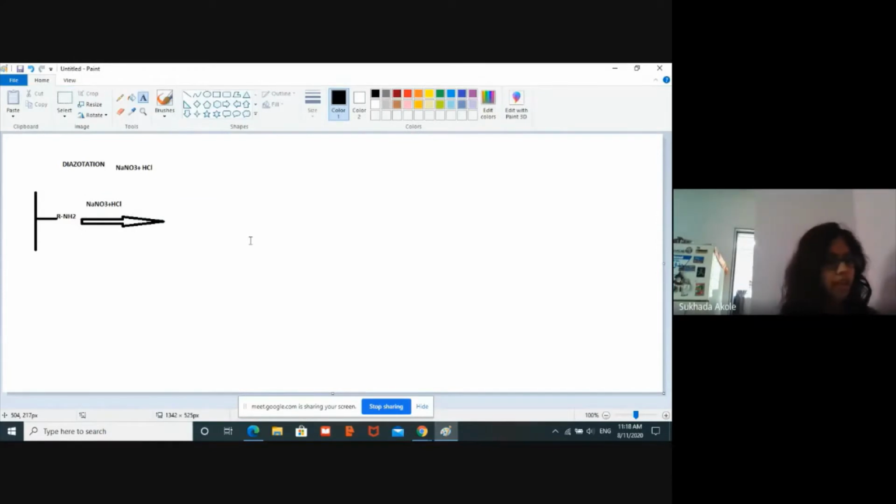So what I get is a structure which is going to look like this. This is my again inert support.